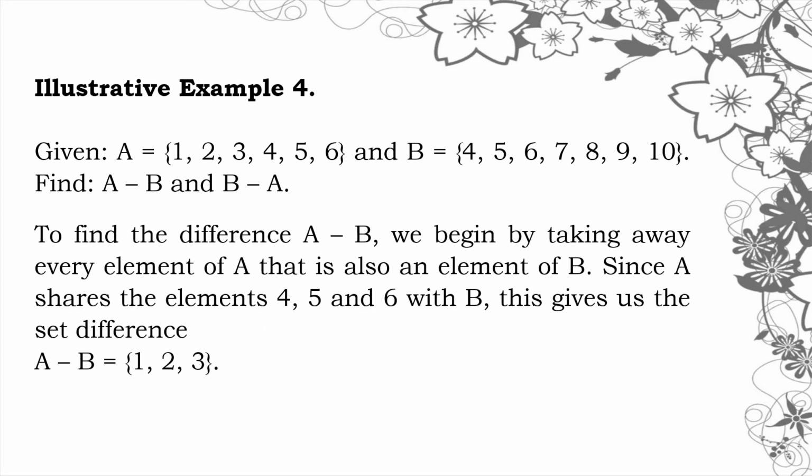Let's find the difference A minus B. We begin by taking away every element of A that is also an element of B. Remember, to find the difference of A minus B, first we take away every element of A that is also an element of B. Since A shares the elements 4, 5, and 6 with B, this gives us the set difference: A minus B is equal to 1, 2, 3.